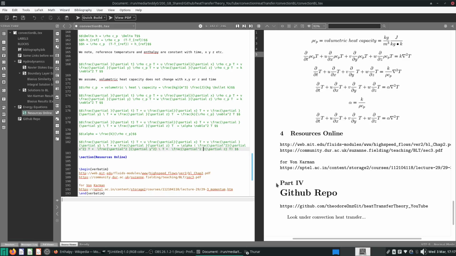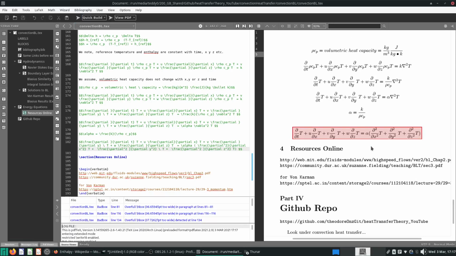So let's do this, and the Laplacian is finished. And that's how you get your temperature equation. Okay, so this is the conduction term, this is the advection term, and this is the time derivative term. So this actually covers our preliminaries before we can start our boundary layer equations.